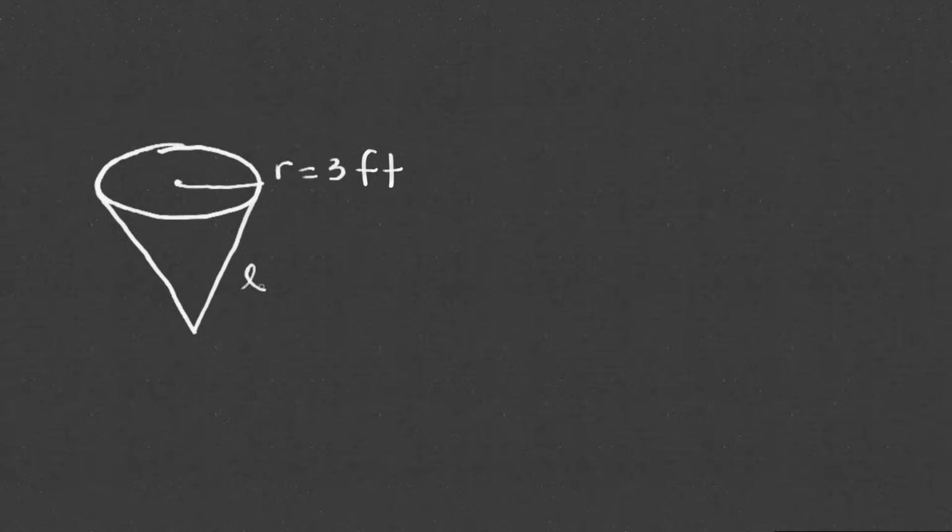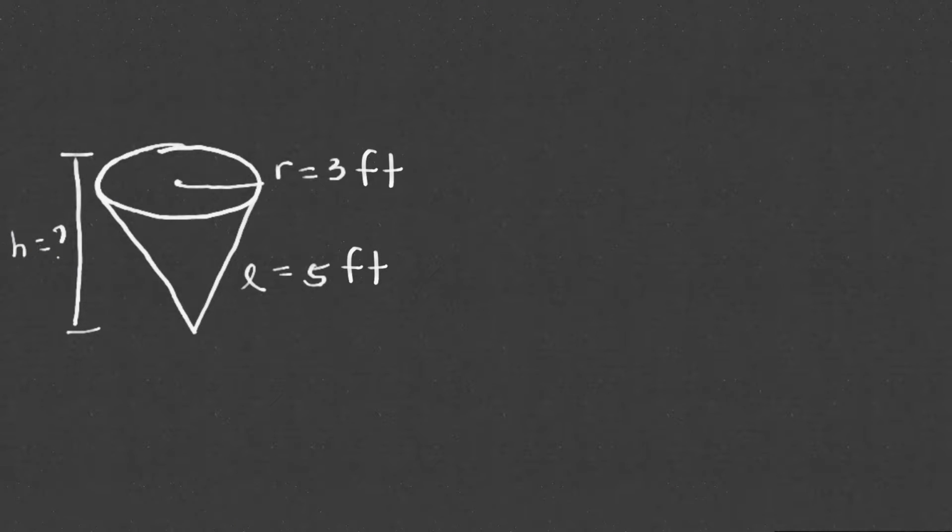Let's say we have a cone with a radius of 3 feet, a slant height of 5 feet, and the height, which is unknown.